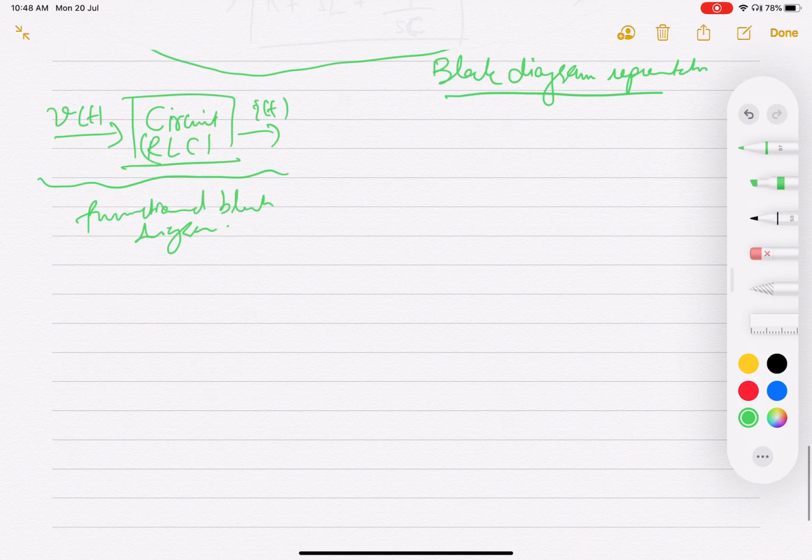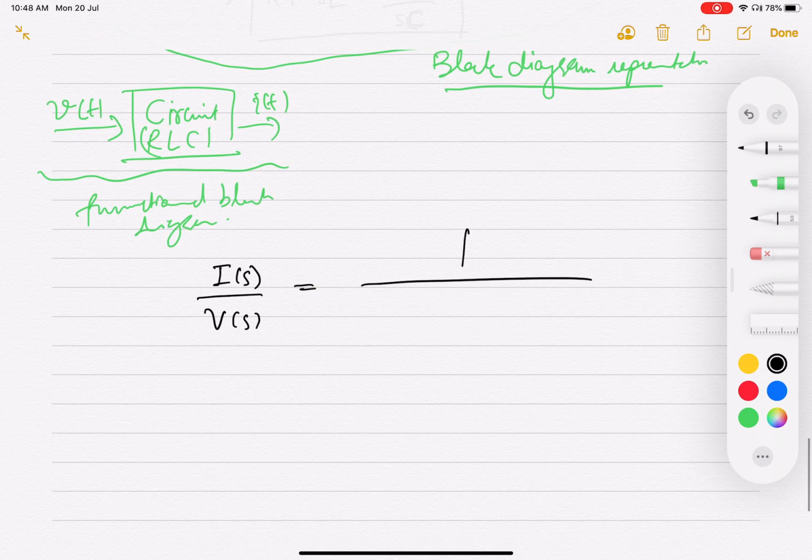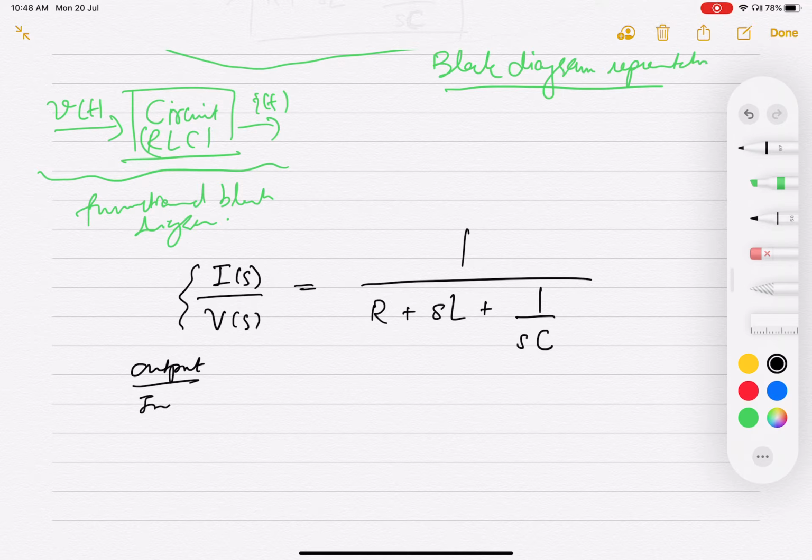If you write down I(s) by V(s), we get what we put inside the block, this R plus sL plus 1 by sC. Now this ratio, output divided by input, the Laplace transform of the output divided by the Laplace transform of the input, assuming all initial conditions to be zero, is called the transfer function.